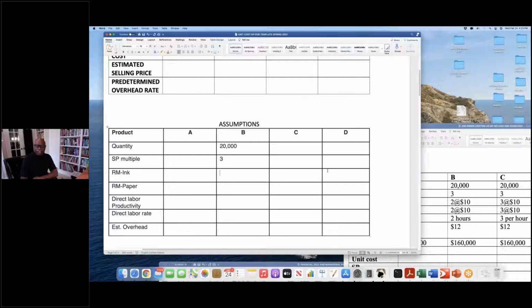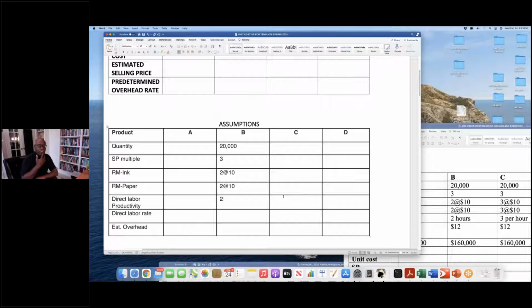Raw material ink was 2 at $10, and raw material paper was 2 at $10. Direct labor was 2 hours, the direct labor rate is $12, and the estimated overhead is $160,000.